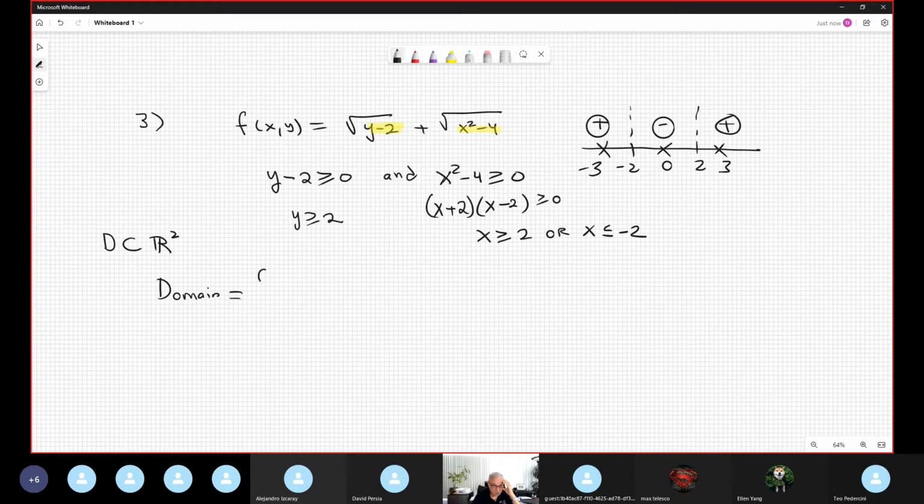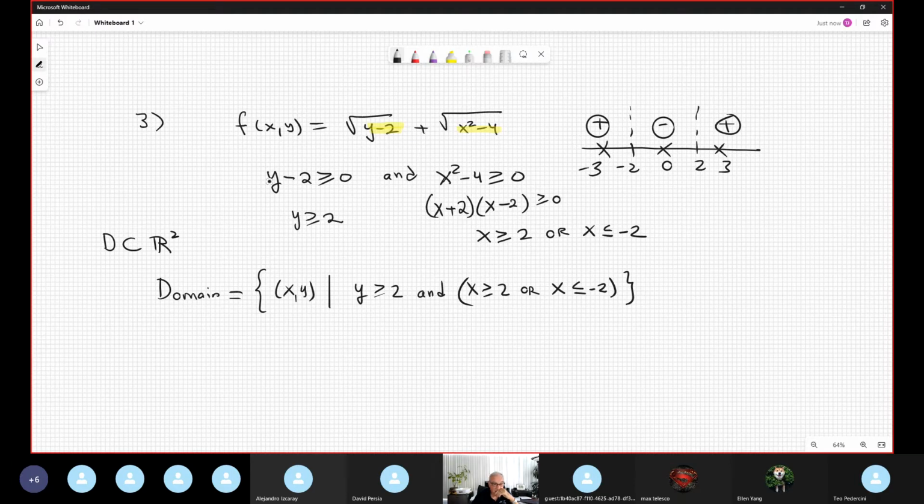It is then the set of (x, y) such that y is greater than or equal to 0, and x greater than or equal to 2, or x less than or equal to minus 2. So maybe the point is in this region or in this one, but it satisfies this condition.